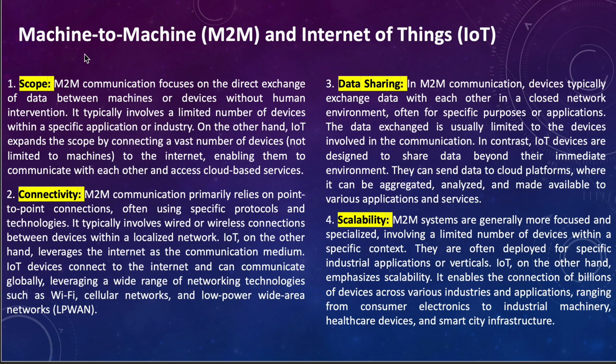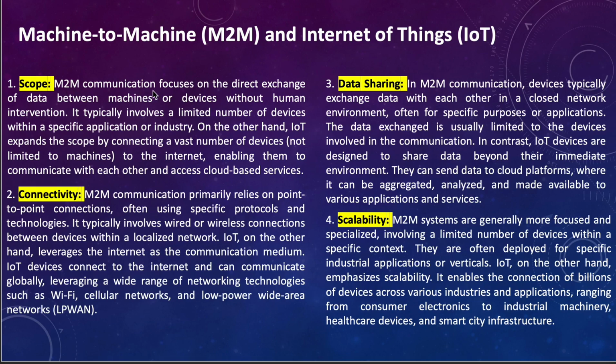And again, because machine to machine is an old concept, the new concept going forward will be IoT. Wherever there is an IoT application, there is definitely going to be a machine to machine application. So to understand the differences, let's start with the scope of these two.